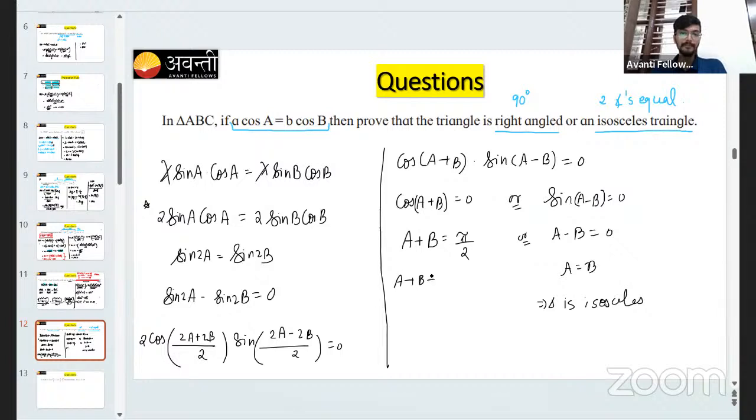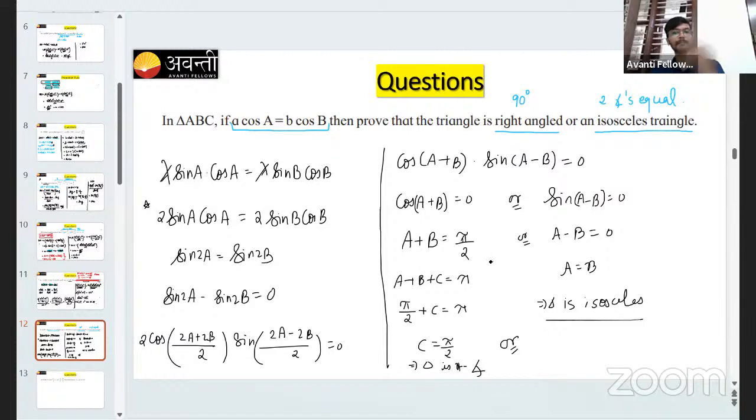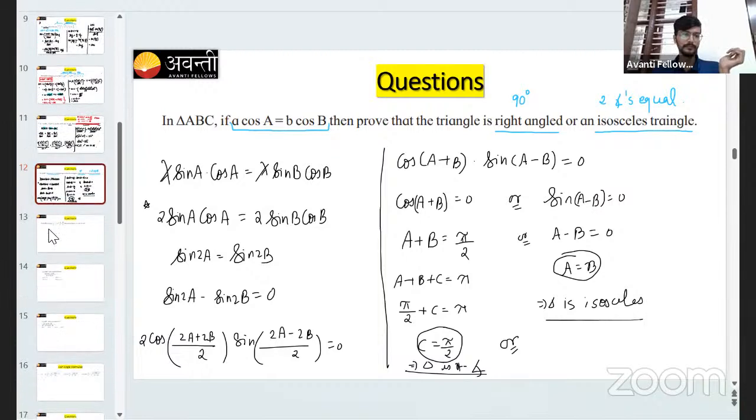We know that A plus B plus C equals pi. That means pi by 2 plus C equals pi, so C equals pi by 2, which implies the triangle is right angle or the triangle is isosceles. I proved both. Right angle triangle means one angle is 90 degrees, or two angles are equal. Got it? I hope you got it. So let's move on to the next question.